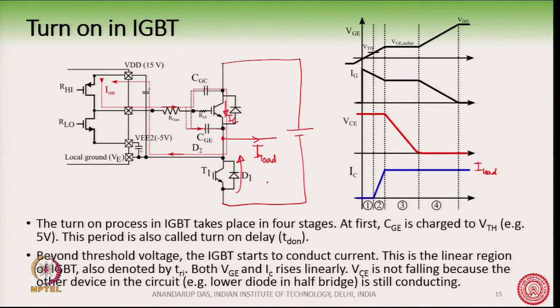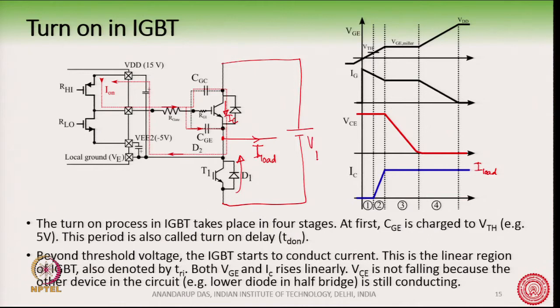So, therefore, this diode is still conducting, and since this diode is conducting, this point's potential, if you neglect the diode drop, is the same as this point's potential, and hence the voltage across the IGBT is still equal to the DC bus. Okay. So, this is the DC bus voltage.